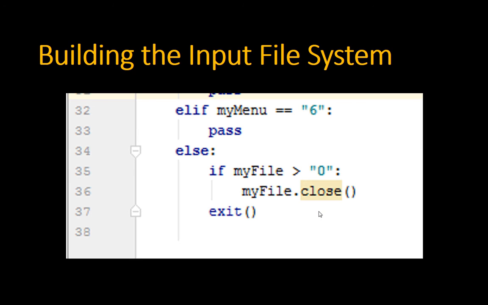We canceled everything else out, right, but what else did we do? We have a file that at this point is coded as a variable that's text. And so it's saying if the file is greater than 0.